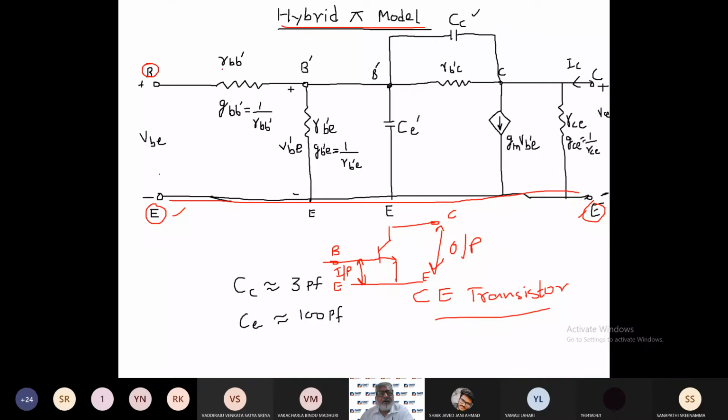Then there is a resistance, internal resistance, base spreading resistance, which is formed between the base terminal and the virtual point B dash, and this RBB dash. So this resistance represents your base spreading resistance. Okay, and this is your internal point.